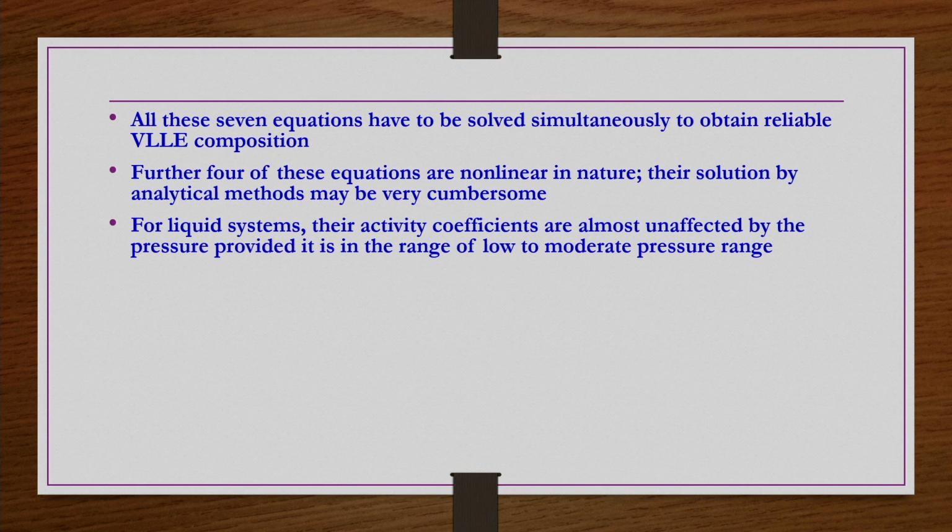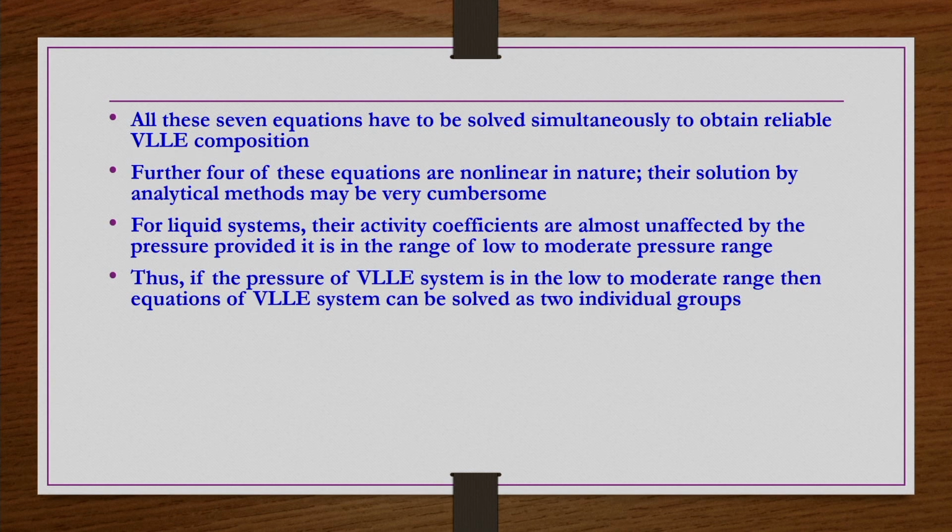For liquid systems, their activity coefficients are almost unaffected by the pressure, provided it is in the low to moderate pressure range. Thus, if the pressure of the VLE system is in the low to moderate range, then the equations of the VLE system can be solved as two individual groups.